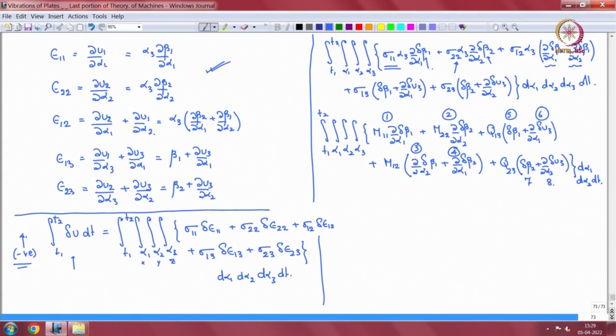So we will take these one by one. So number 1 gives me the integral. There should be no d alpha 3 here, sorry, that is done.